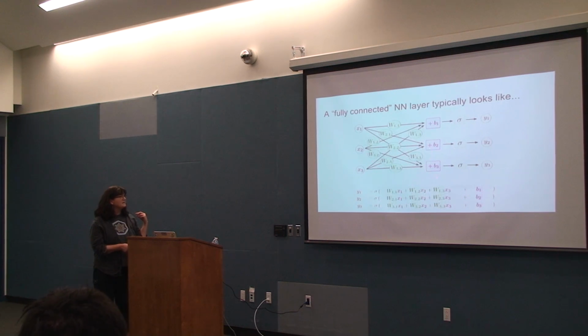You add a bias, and you often apply a logistic function on top of that, and you get your output. If you think about how that looks in terms of linear algebra, it's just a big matrix multiplication that looks something like this.